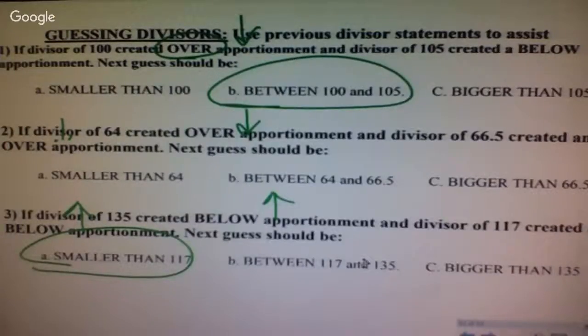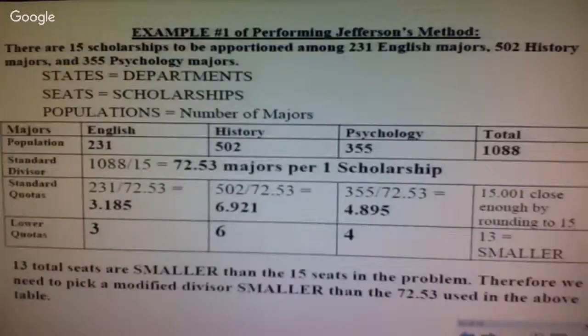So we should be bigger than 66.5. Sorry. So if my answer needs to go up, I need to guess a number that goes down. If my answer needs to go down, I need to guess a number that goes up.